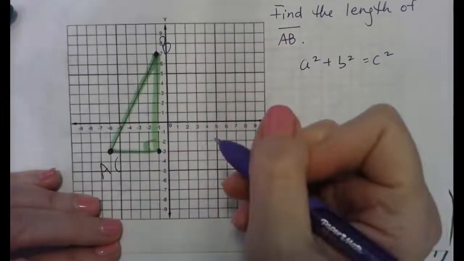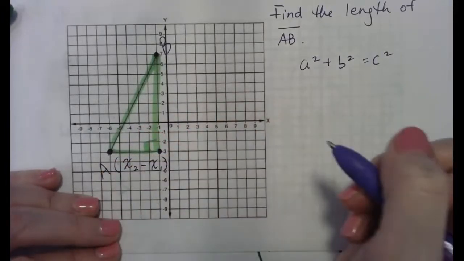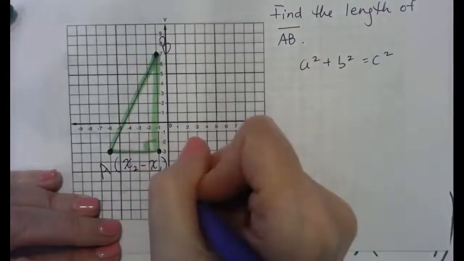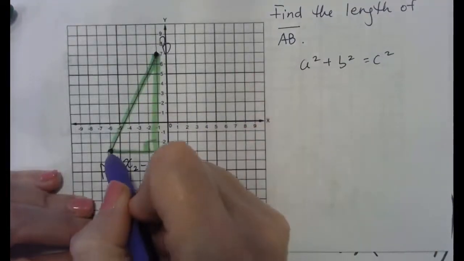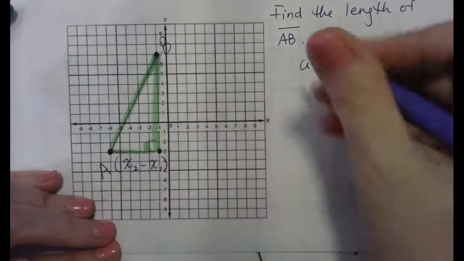Well, it's just going to be the difference in the horizontal coordinates, which of course are x2 and x1. So this is your A value. The distance from there to there is simply x sub 2 minus x sub 1.